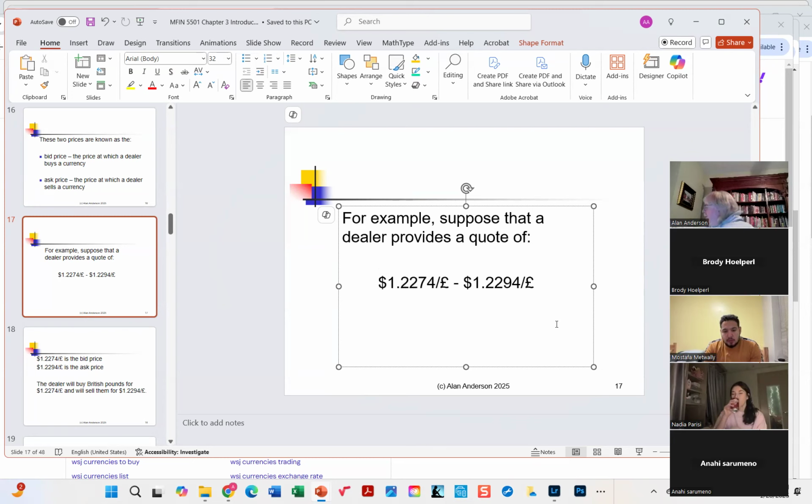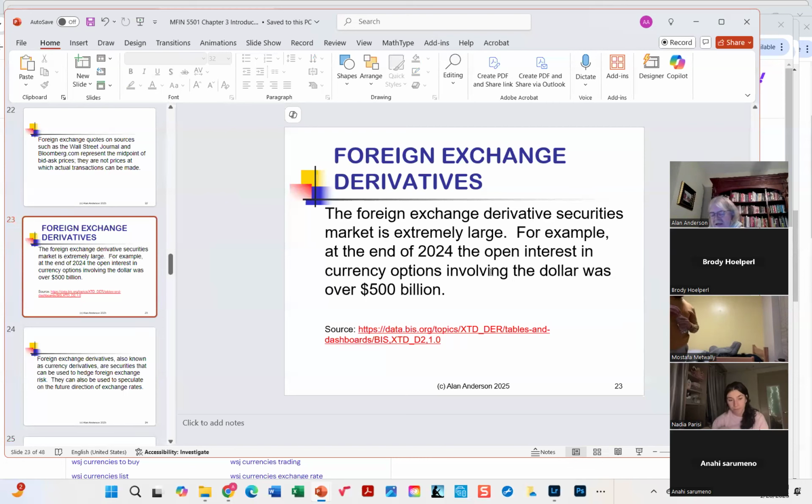Okay, let's see. Now, the chapter briefly introduces what are called foreign exchange derivatives. This is a very complex chapter, by the way, and we're going to have entire chapters based on this later on. But for now, we just want to know, in general terms, what these foreign exchange derivatives actually are. So the basic types.